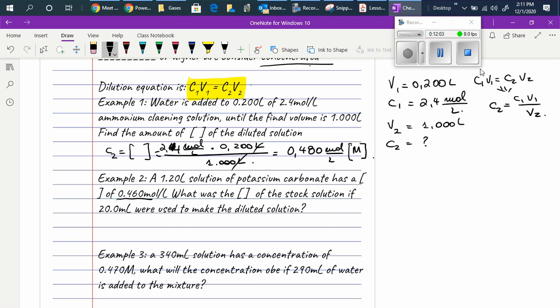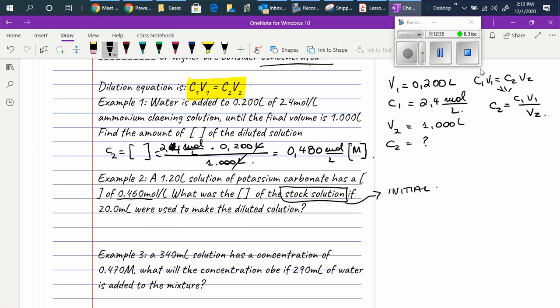So now what we have here is that the stock solution is the initial, okay? Initial either volume or concentration. Because we create a stock solution, as we said in the first few minutes of this video, and then from there we take and dilute the solution.